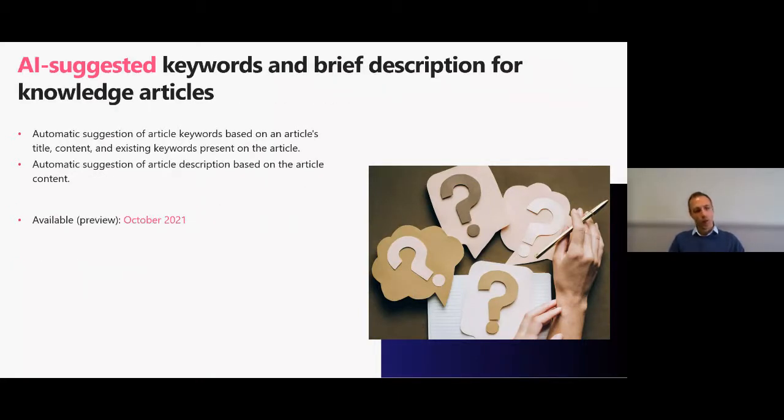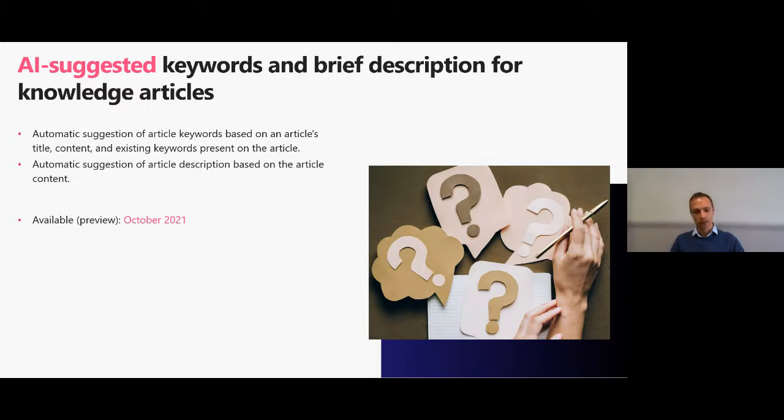Then Microsoft also added some kind of AI support. As I mentioned at the beginning, they are trying to help users and agents, and in this case, they are helping with knowledge articles. Based on the content of the knowledge base article, Microsoft is using AI to suggest keywords that should be added to it.